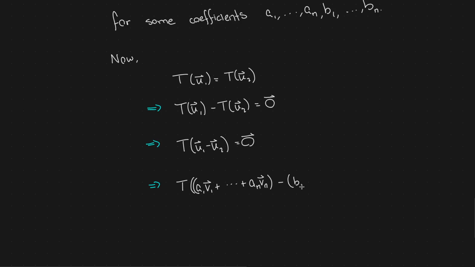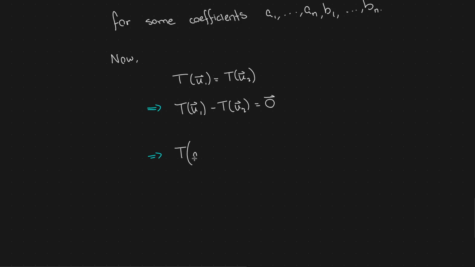And u2, b1 v1 plus ... plus bn vn equals 0. I'm sorry, I made a little mistake here. This is right, but it's a little extra. Let me start from here.